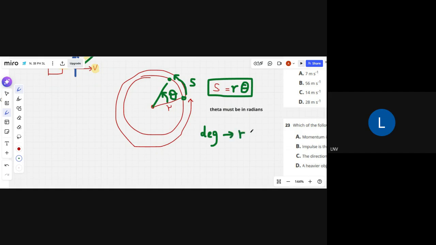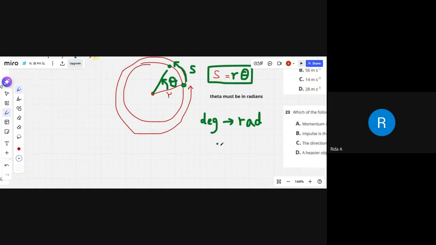To go from degrees to radians, you multiply your degree value by pi over 180.